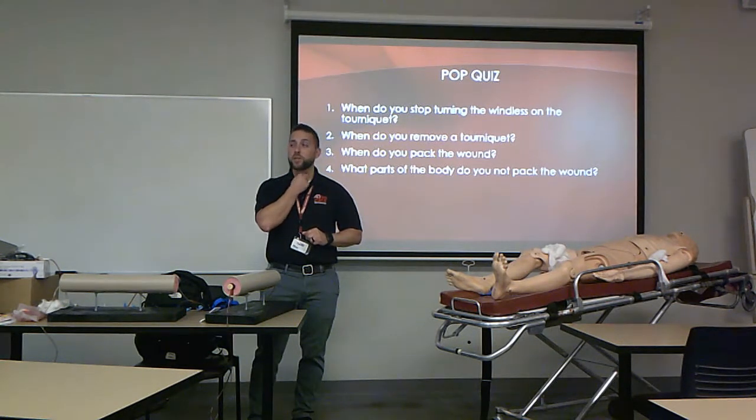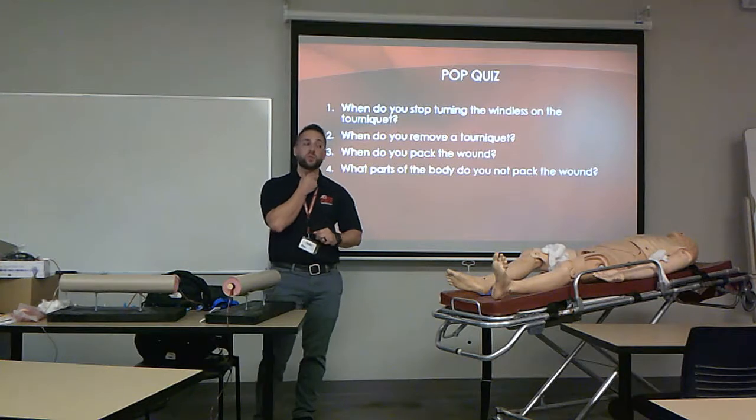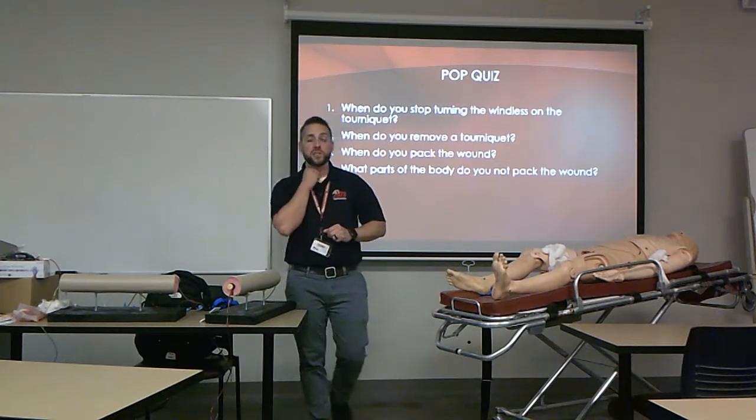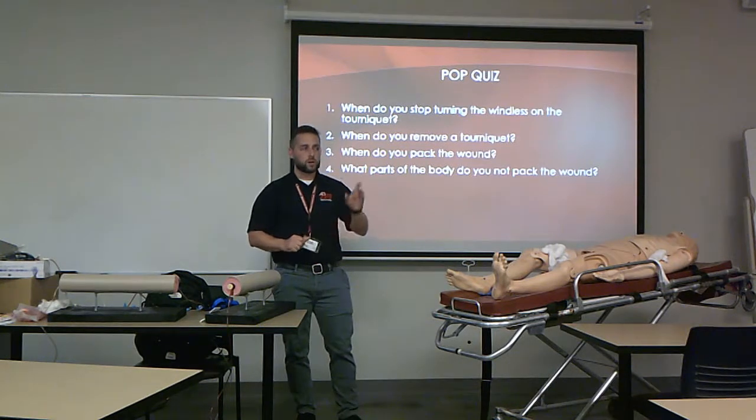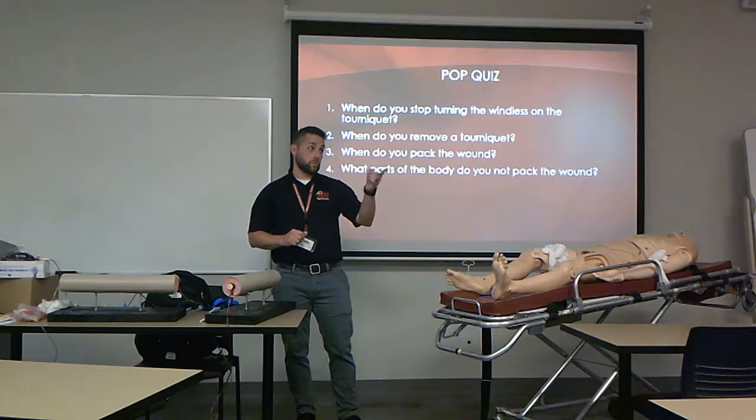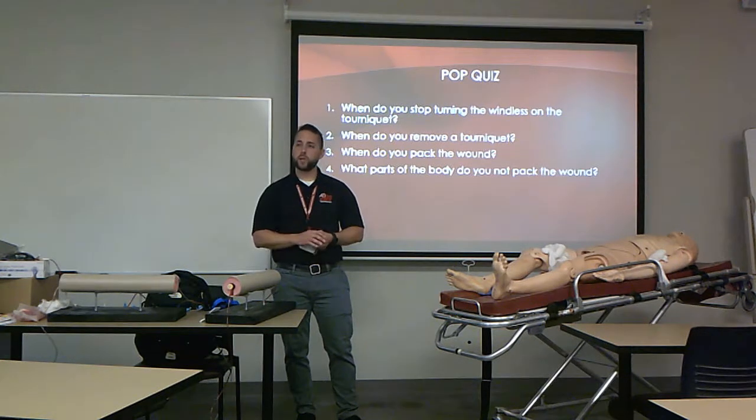Because what do we have right here? Yeah, your trachea, your windpipe, your airway. If you start packing on that, it could potentially be obstructed. What other area outside the abdominal area? Brain. Typically it doesn't bleed very much, but stay away from it.